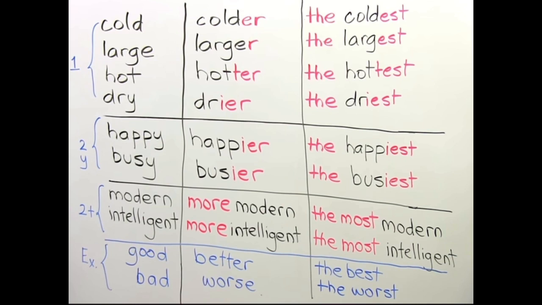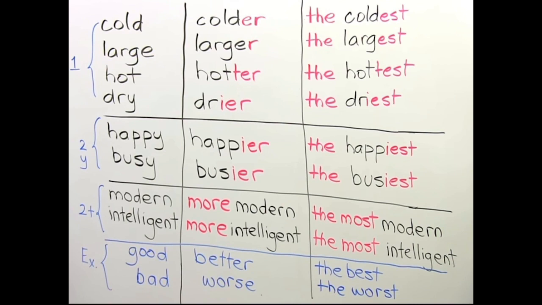Here we are using more and the most. The same for any word in English which is a little bit long. When we say 2 syllables, it means 2, 3, 4 syllables. Definitely longer words. We are going to use this construction.